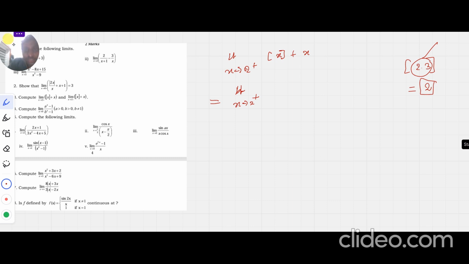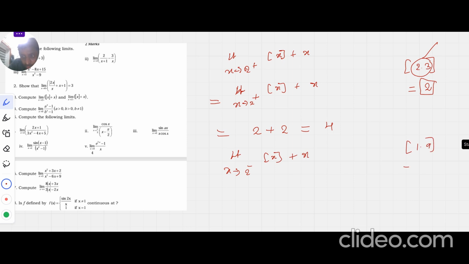So step x plus x is equal to, now in the place of step x you can take 2, because the step of 2.3 is equal to 2, and x plus also 2 only. 2 plus 2 is equal to how much? 4. Okay, so now come to the next one. Limit x tending to 2 minus of step x plus x. 2 minus means less than 2, so I am taking 1.9.